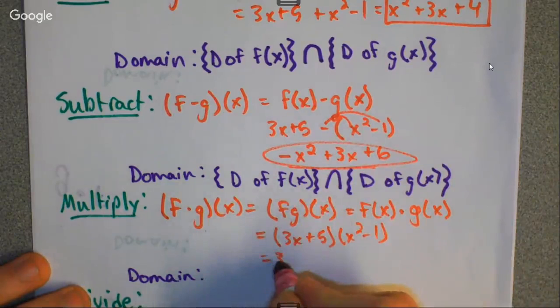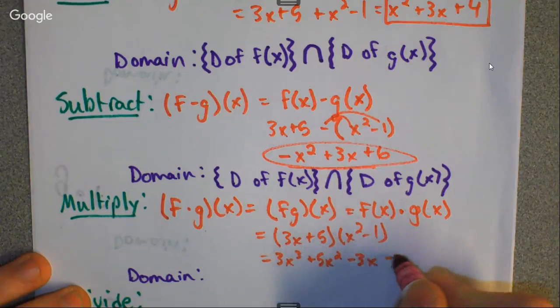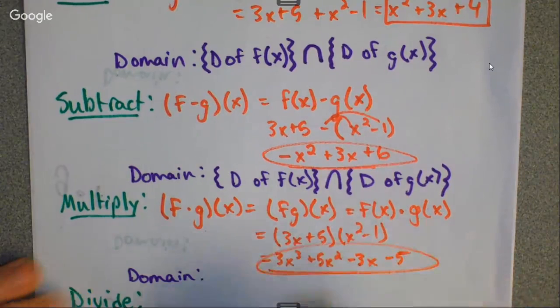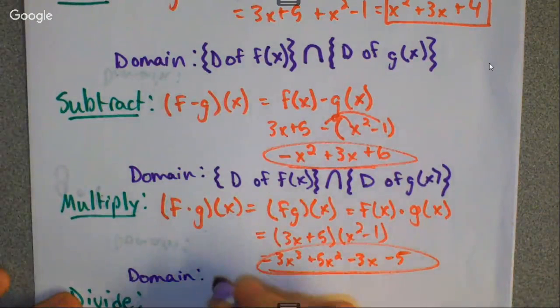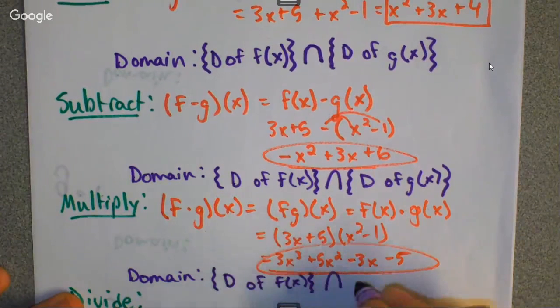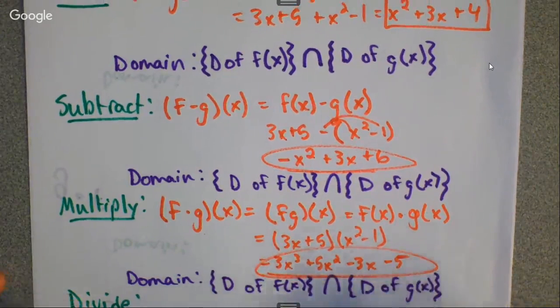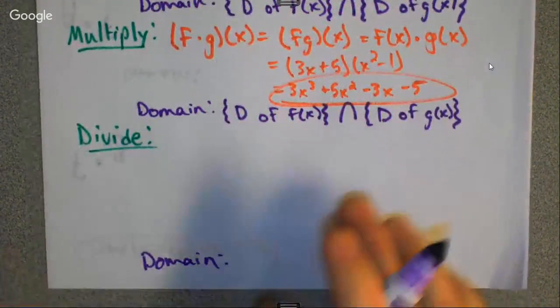You get something like 3x to the third plus 5x squared minus 3x minus 5. And once again, our domain will be the domain of f of x intersecting the domain of g of x.